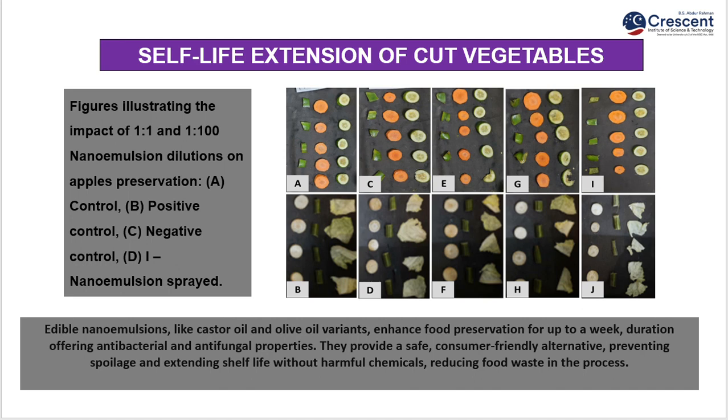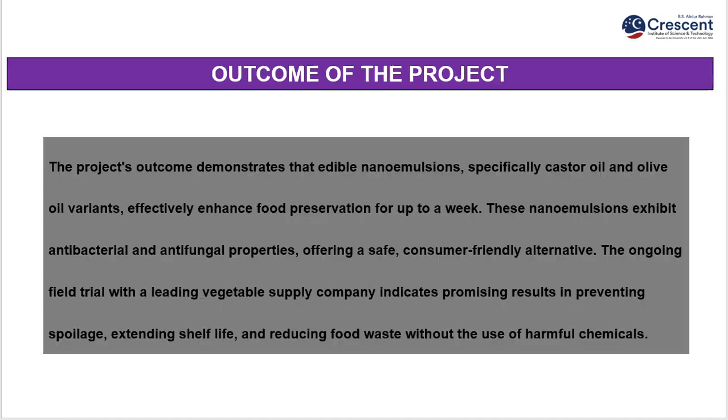We tried on cut vegetables. The nano emulsion helps extend the shelf life of cut vegetables also. So the outcome of this project is that this nano emulsion demonstrates very good life extension of tomato or strawberry, even apple, and even cut vegetables.